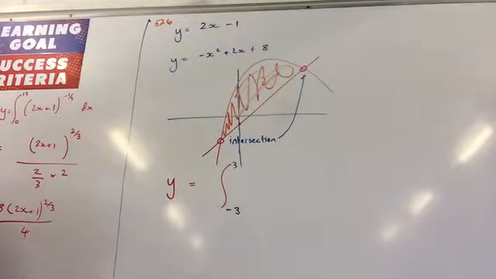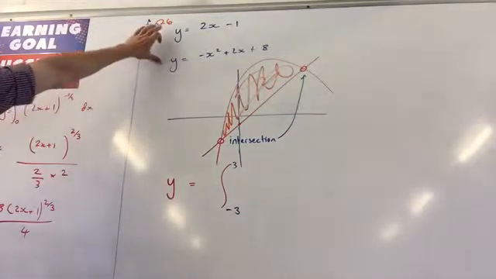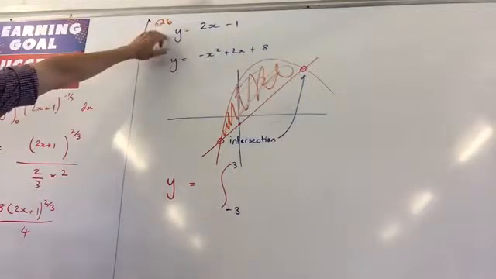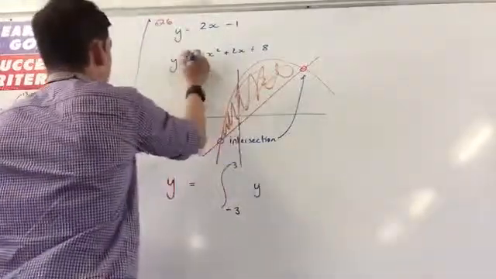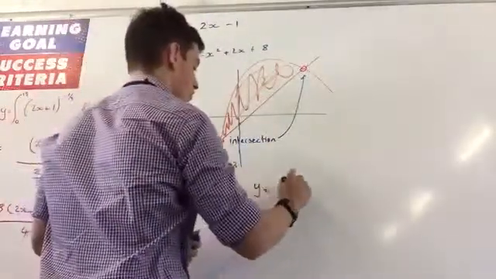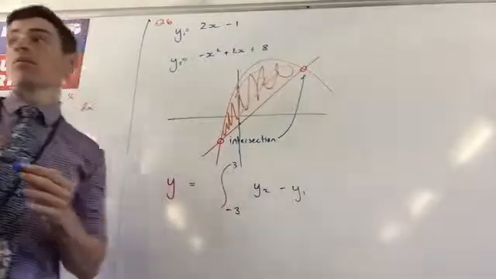Which one's on top, the quadratic or the line? So which function should we be subtracting from which? Should we take the top function from the bottom function or the other way around? We want to take the bottom from the top. So I'm going to write, I'll call this y2 and y1, y2 minus y1. Are we happy with that?